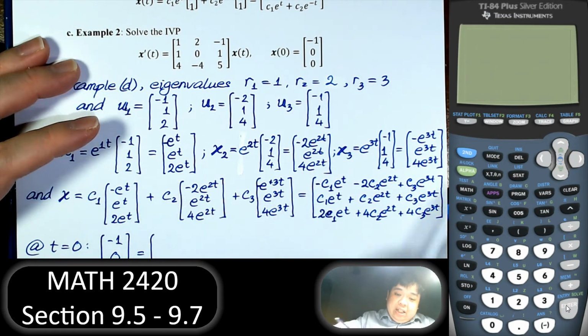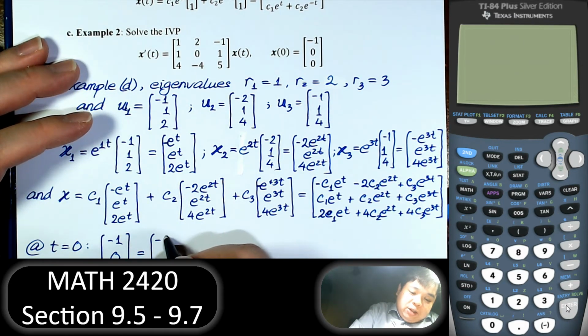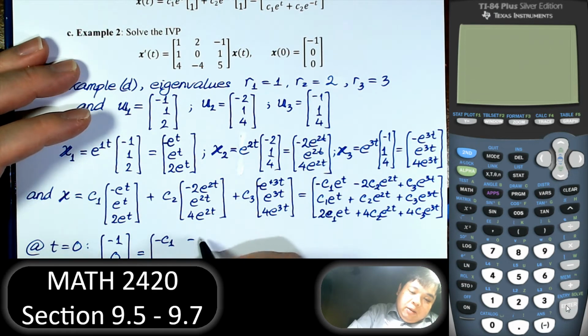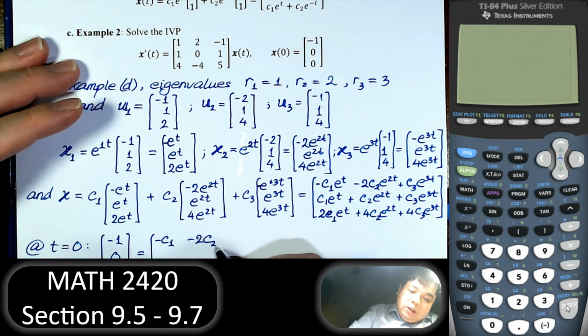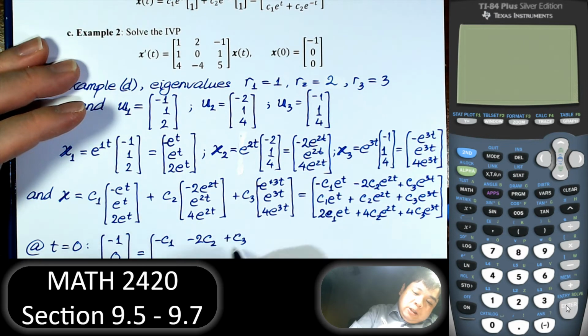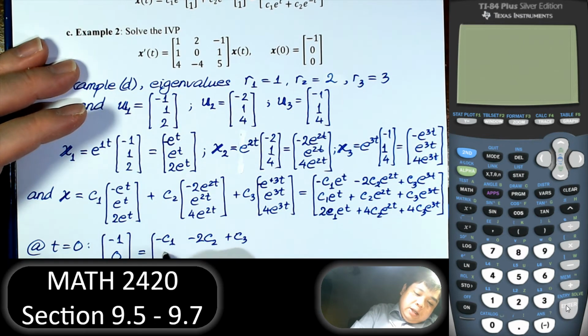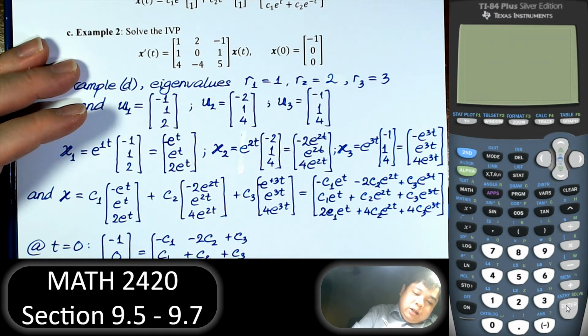So all of the e's are 1. So we just have negative c1 minus c2 plus c3, c1 plus c2 plus c3, 2c1 plus 4c2 plus 4c3.